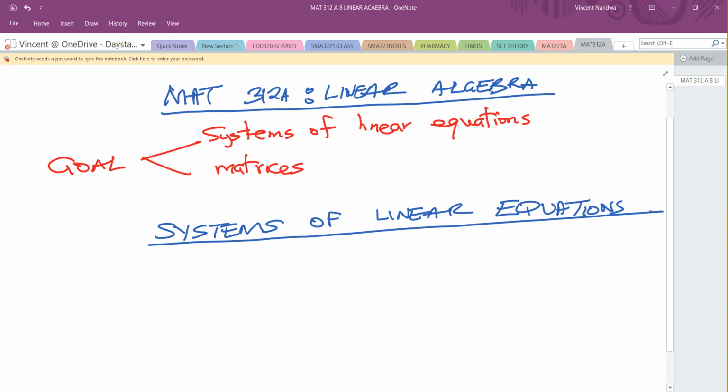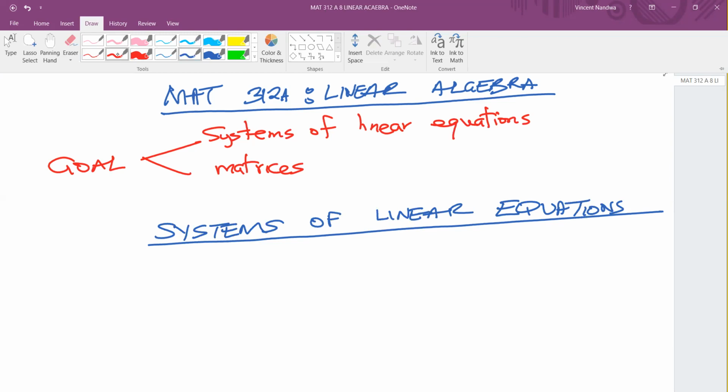So we start by defining what we mean by a linear equation, and then give examples of linear equations and non-linear equations, and then state and discuss different methods of solving systems of linear equations.